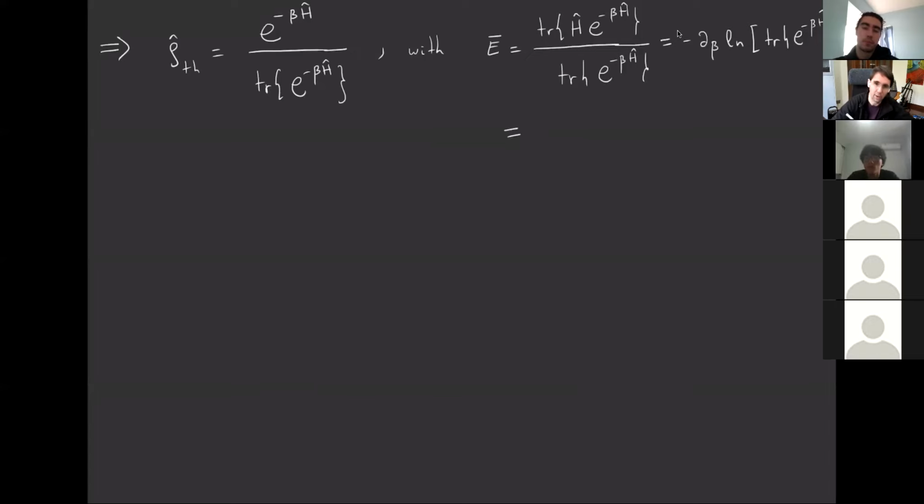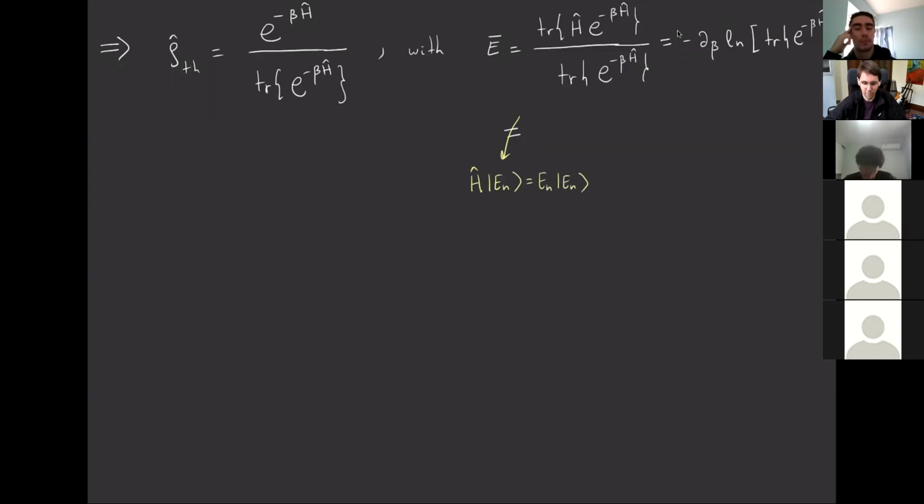And now I will do something that we will use quite a lot, that is that I define the eigenstates of the Hamiltonian. So this is for a completely general Hamiltonian, it doesn't matter. So we have a Hamiltonian that has eigenstates.